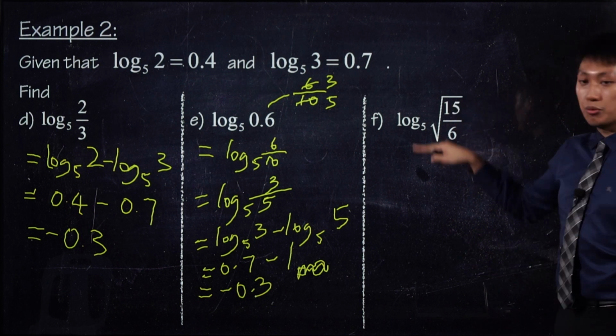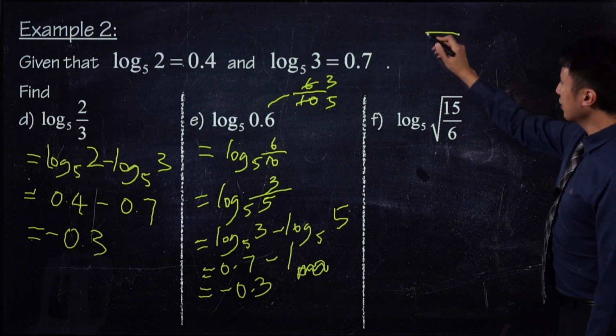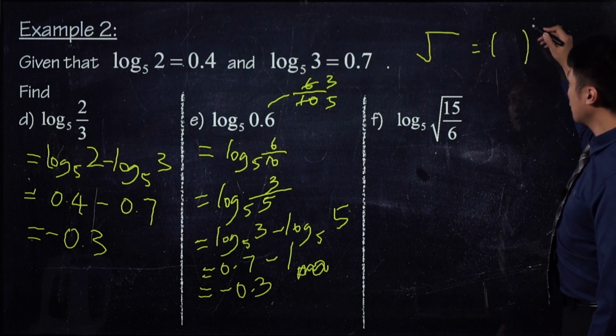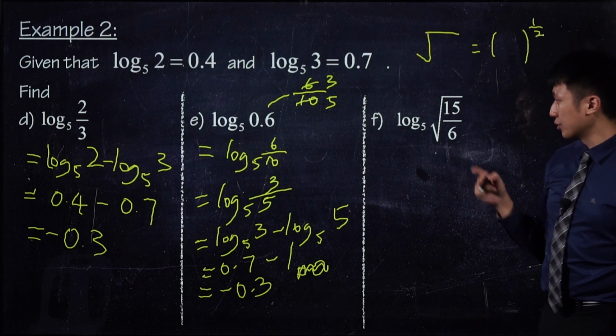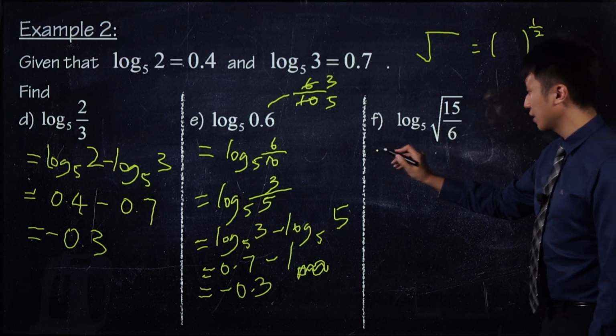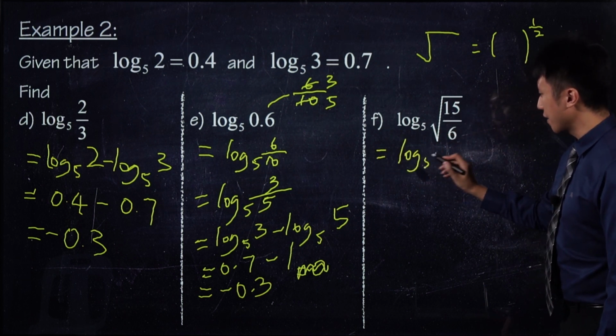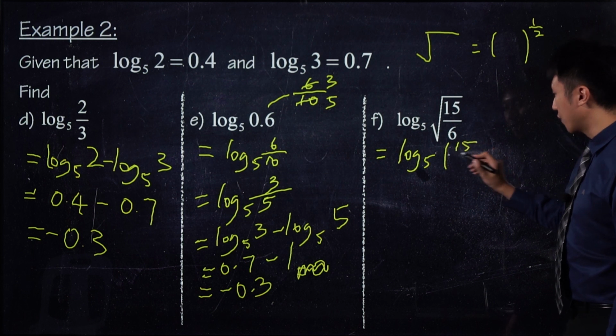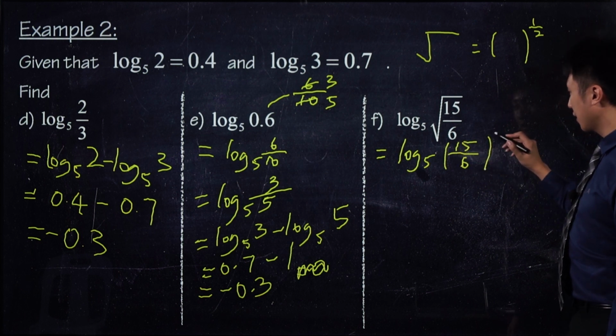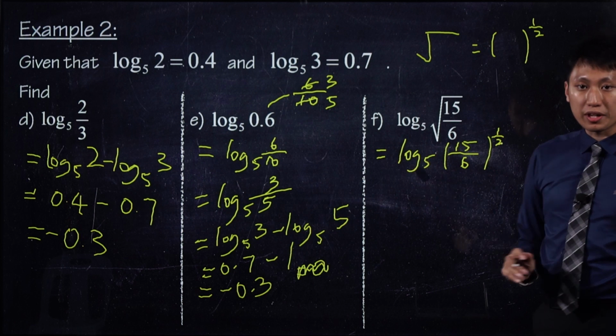Next, last one. This square root, what does it mean? Square root means something to the power 1 over 2, correct? So I'm going to write 1 over 2 here: log base 5 of 15 over 6, then to the power 1 over 2. You can bring the 1 over 2 out.